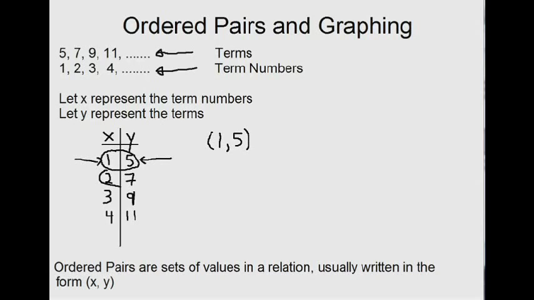If we continue working our way down the table of values here, we can see our second ordered pair. Our x value is 2, and our y value is 7. And carrying on down, our third term is 9. So our third ordered pair here, our x value is 3. And our corresponding y value is 9. And then finally, the last values that we have in the table of values is our x value is 4 and our y value is 11.